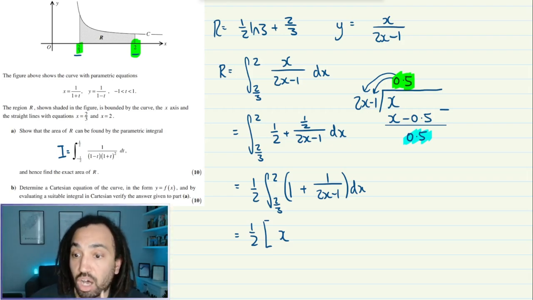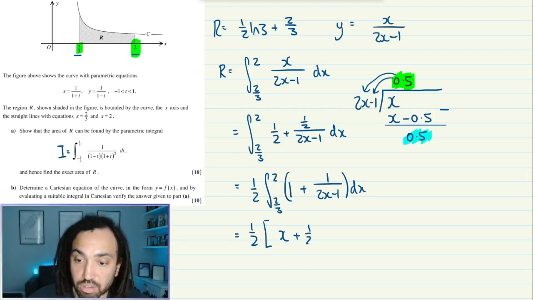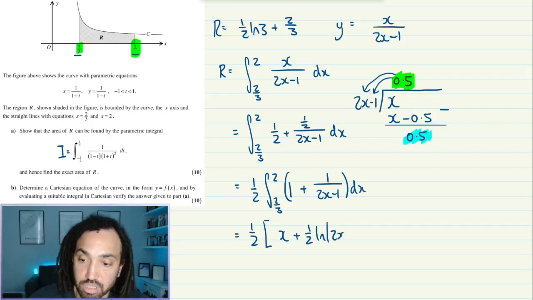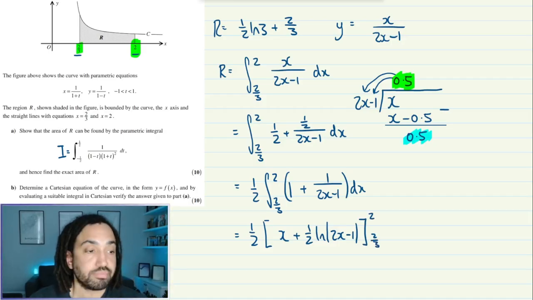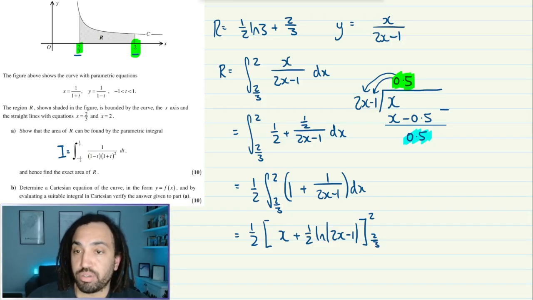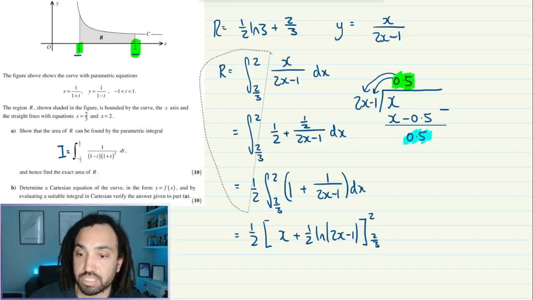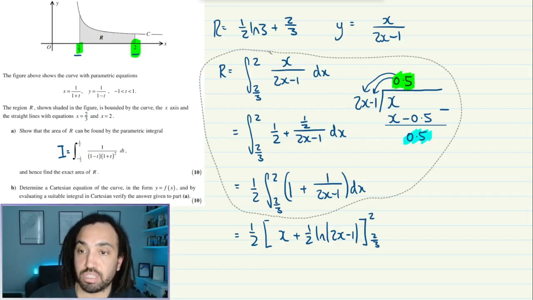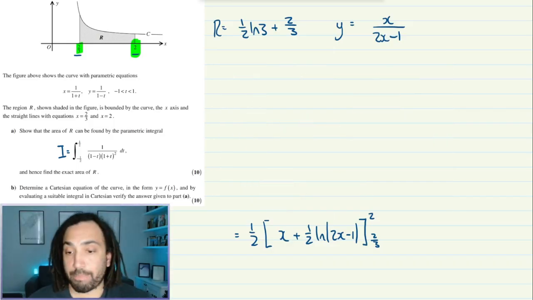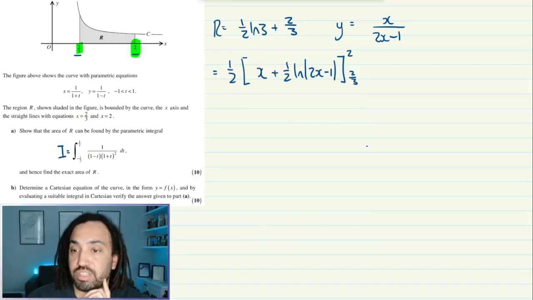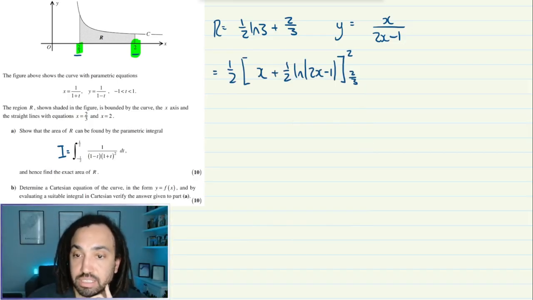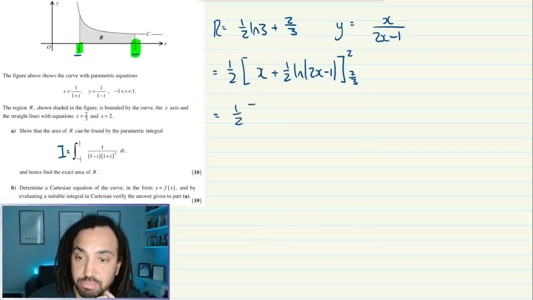It's actually a half of it, so it's going to be a half ln 2x minus 1, and that's between 2 and 2/3. Okay, so now it's time to sub in our limits. Okay, so let's see if I can do this again, all without a calculator, just for the bants.